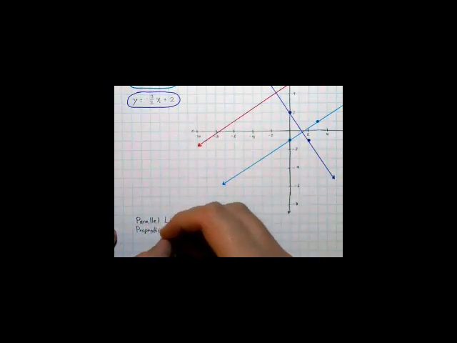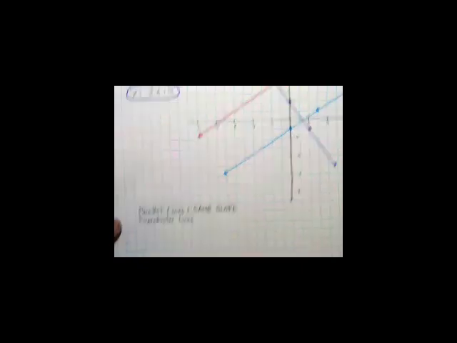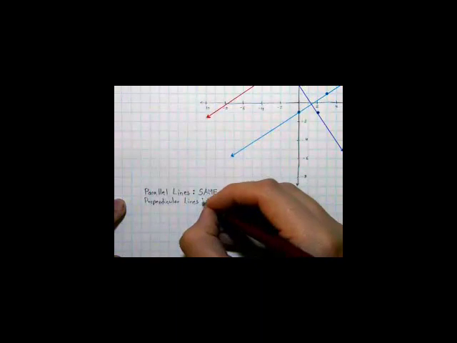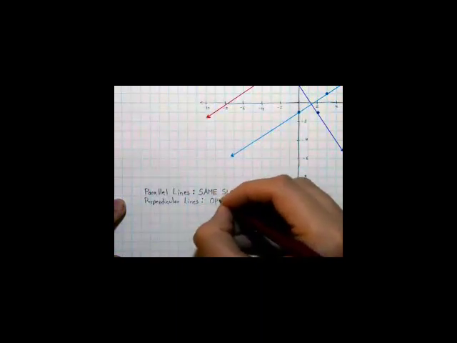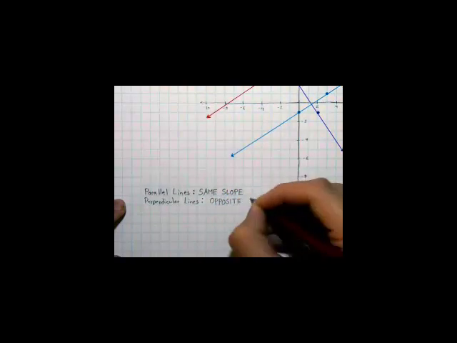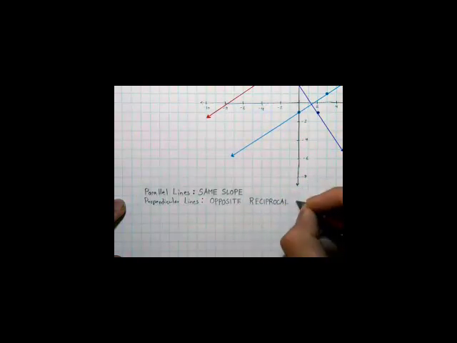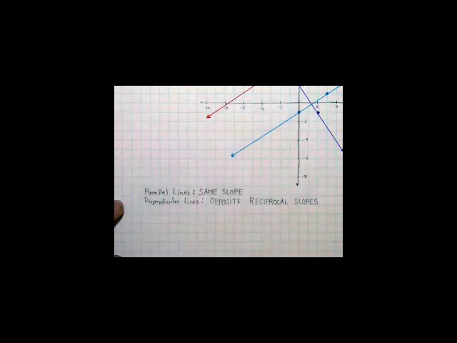So perpendicular lines have opposite reciprocal slopes. Okay, so flip the fraction, make it negative.